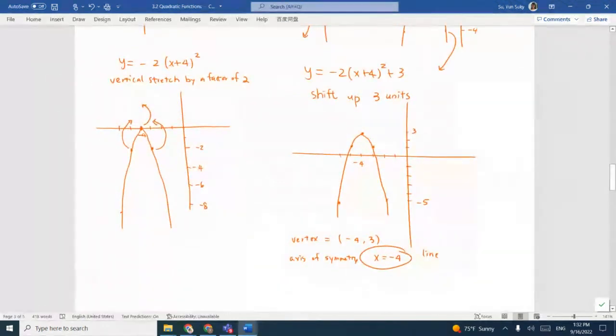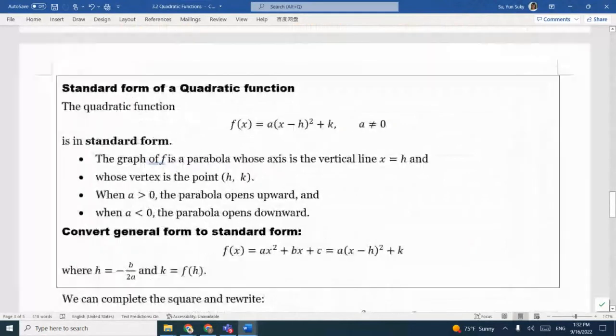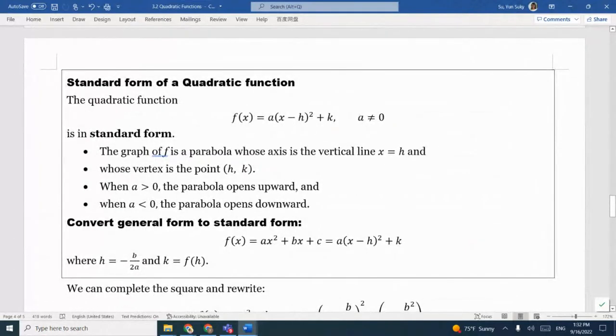Okay, so let's keep going. Okay, standard form of a quadratic equation. Okay, so this is the general form, ax squared plus bx plus c. And this is the standard form.